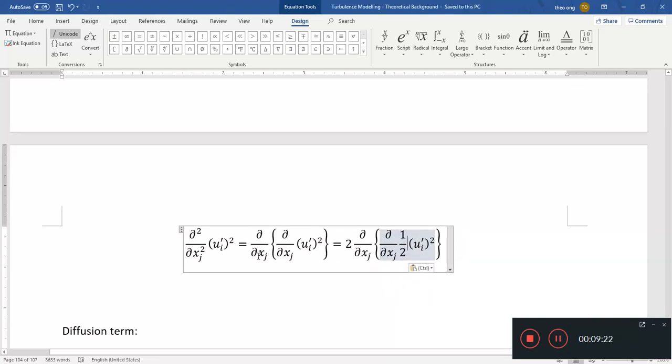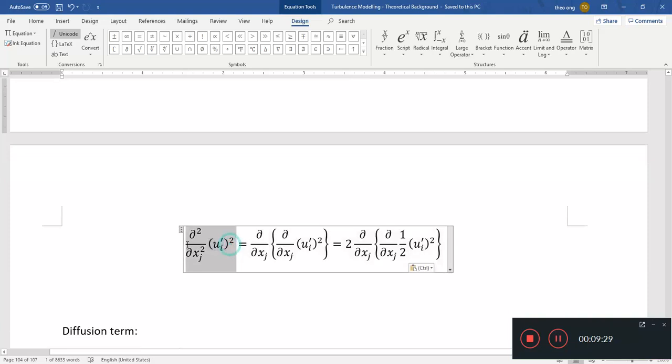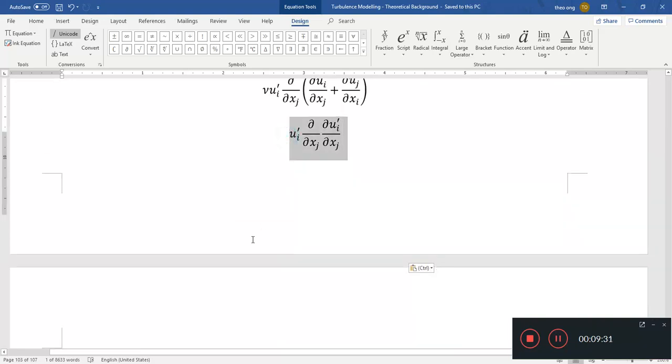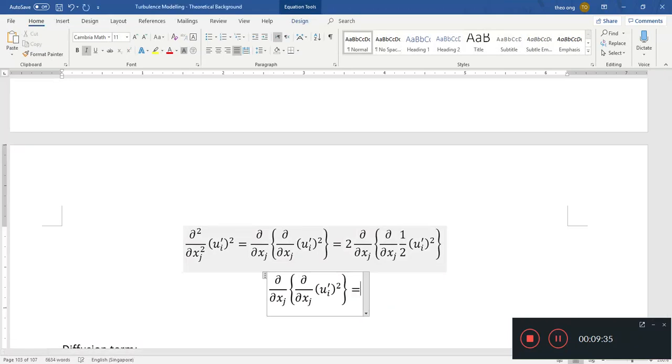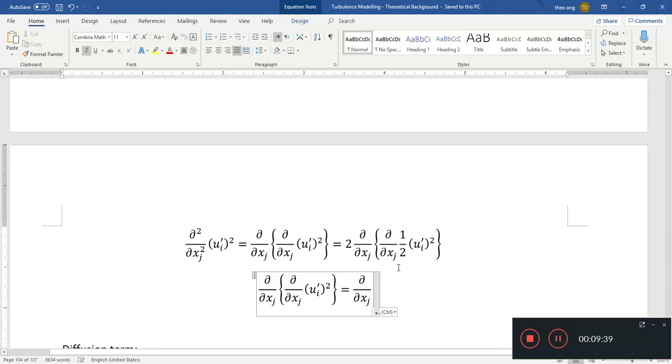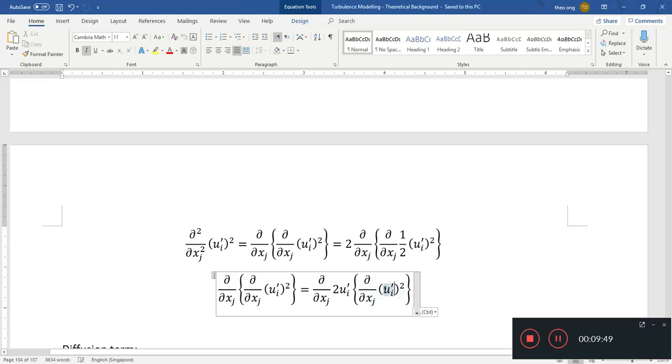Now, of course, I will need to make this term look a bit more like this term. So I'll actually do the differentiation out. So let's do this: 2 times ui prime del by del xj of this.